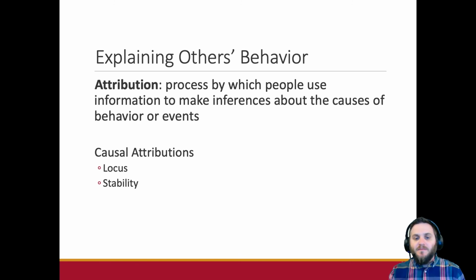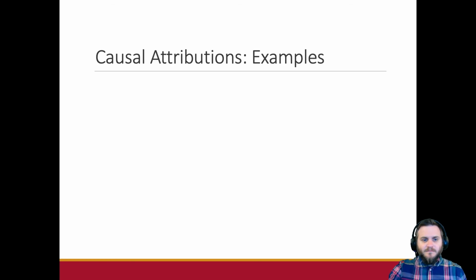For example, somebody's personality. That's pretty stable, right? Unstable or temporary is unlikely to remain present. That could be a friend or family member's mood or time of day, something like that.